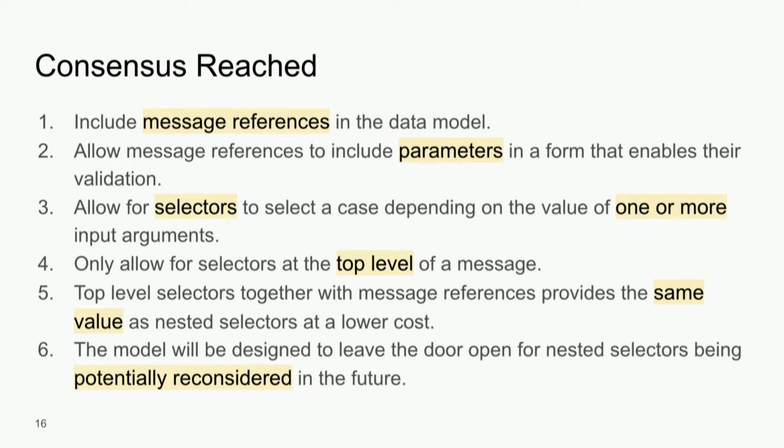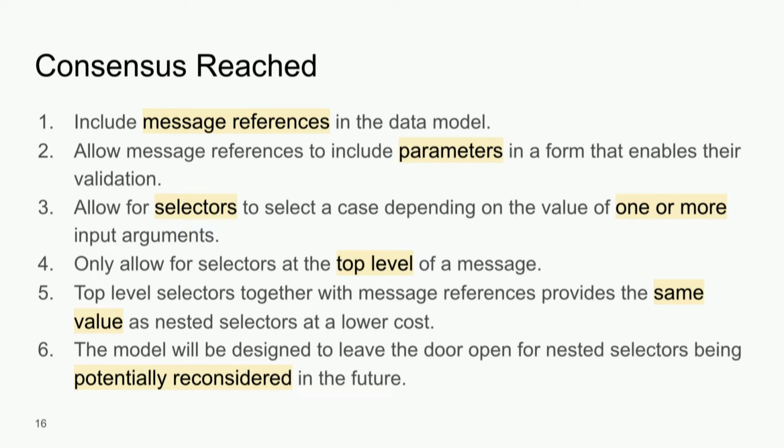current topic that we're most discussing is the influence of the third bullet point, allowing selectors to depend on the value of one or more input arguments. Previously, when you had a really complex message that included if-this-then-that structures, you needed to nest these.